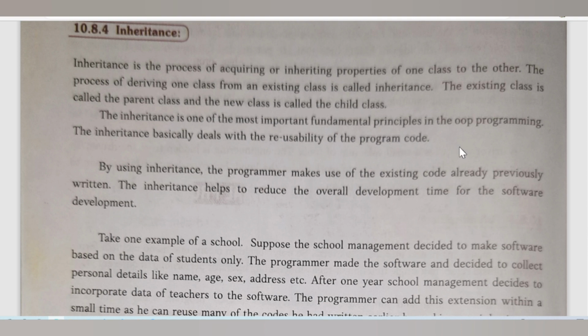Inheritance basically deals with reusability of program code, because here we are directly accessing the properties of another class. By using inheritance, a programmer makes use of existing code already previously written. Inheritance helps to reduce overall development time for software development, because we can easily take the properties from other classes, so we can save time.